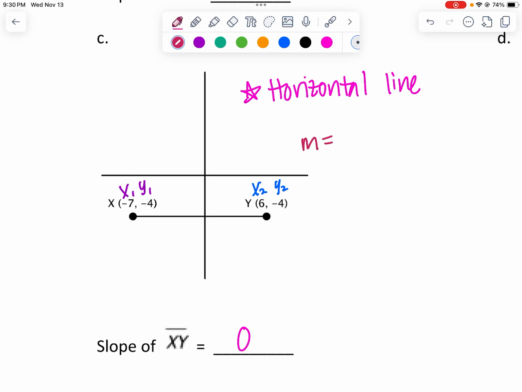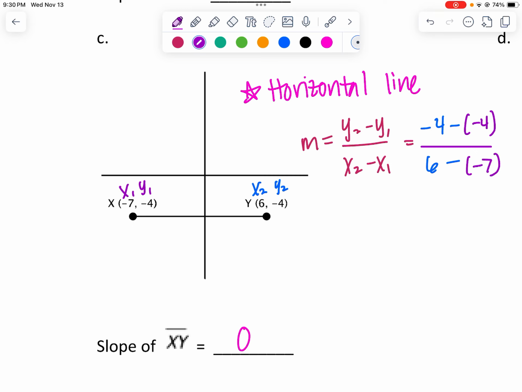Same exact thing. I'm going to start with my y2 minus y1 all over x2 minus x1, and I'm going to go and plug and chug those values in. So I'm going to start with my -4 minus my y1, which is also -4. And then I'm going to start with 6 minus my x1, which is a -7.